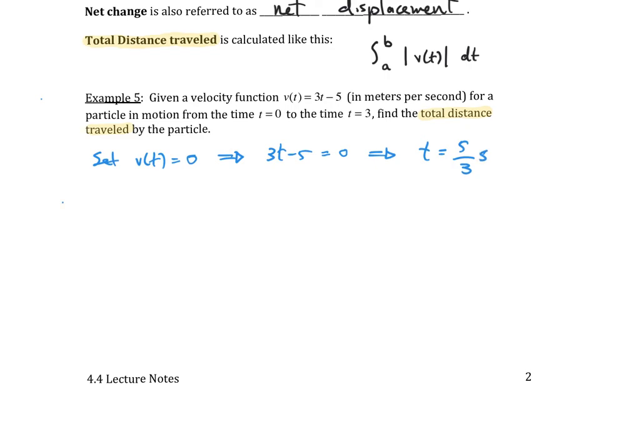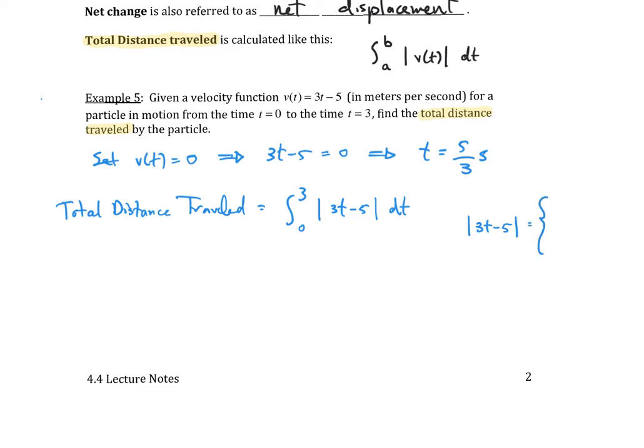Now, our total distance traveled is going to be equal to the integral from 0 to 3 of the absolute value of 3t minus 5 dt. And what I want to do is rewrite this absolute value function as follows.